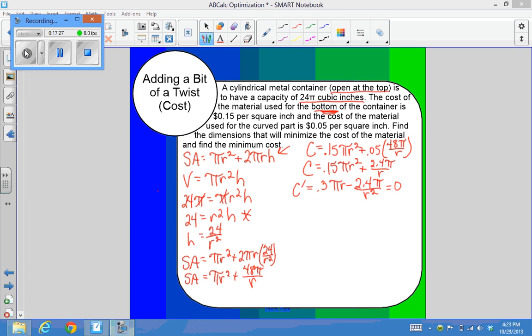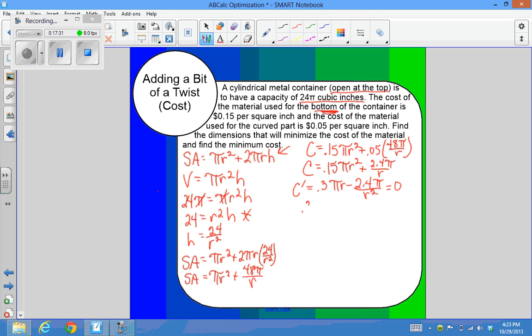Getting a common denominator here, multiply all the way through by r squared. I have 0.3 pi r cubed minus 2.4 pi all over r squared equals 0. Whenever you are working through these problems, if you're going to have it equal to 0, all you have to worry about is that numerator.